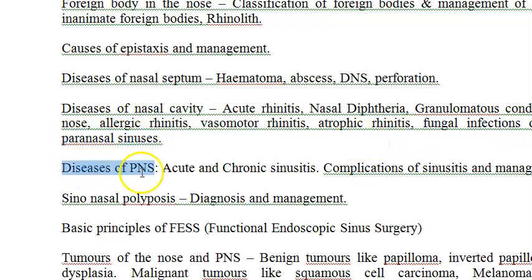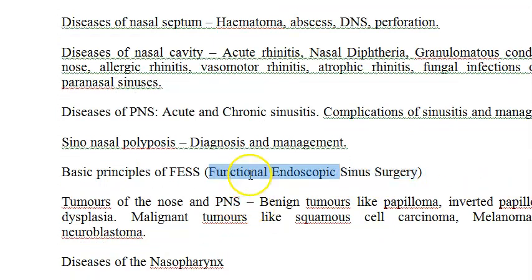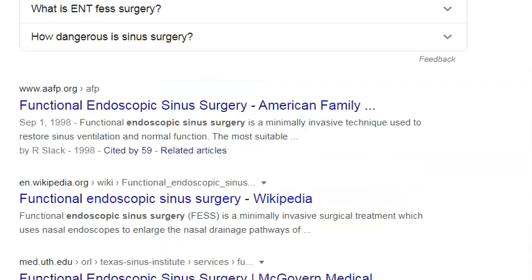Okay. Now coming to the paranasal sinuses, acute and chronic sinusitis. So sinus, sinusitis, that's it. Okay, then sinonasal polyps. Then FESS, you should know this, functional endoscopic sinus surgery. This is very important. Okay, functional endoscopic sinus surgery. What is this? They are trying to enlarge the nasal drainage pathways.